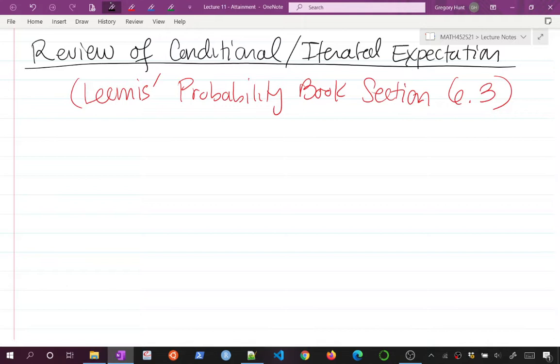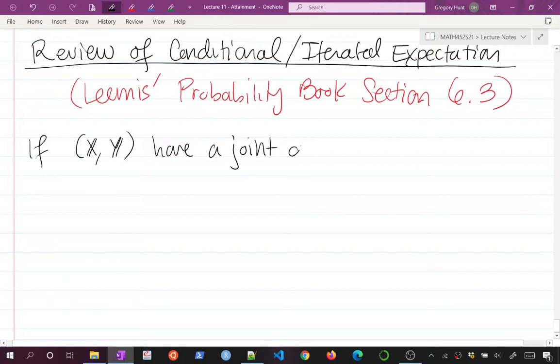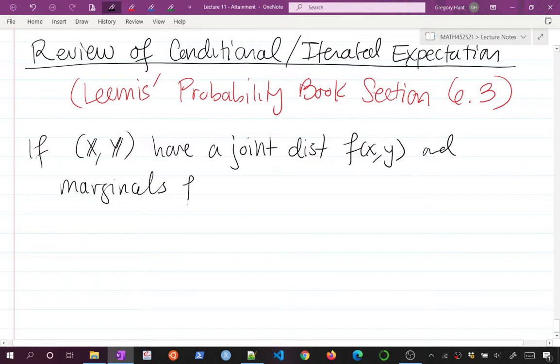Just for a quick review: if I have a bivariate random variable, let's call it X and Y, or two random variables, they have a joint distribution, let's call it f of x,y, and marginals, which I'm going to call fX and fY. I'm abusing notation by reusing f, but I think it's clear.